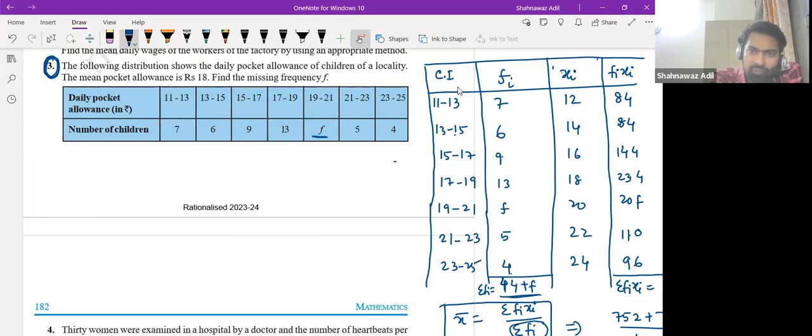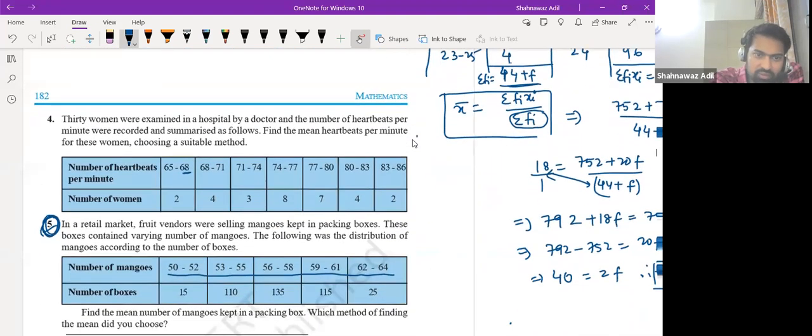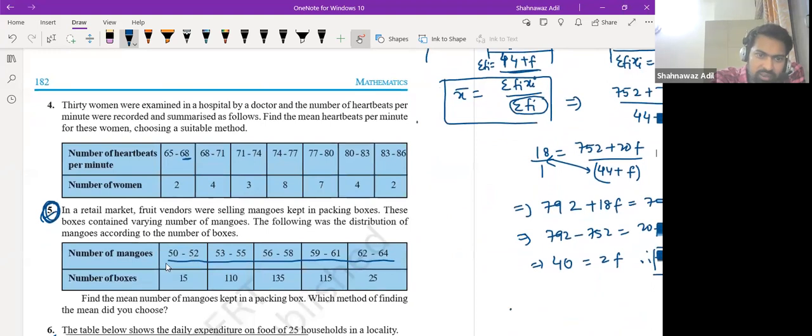Can you show one question with an answer? Yes. So the next, the fifth question, this one. We have a class interval in which the upper limit is not the lower limit of the succeeding class. These kind of data are called discontinuous data.